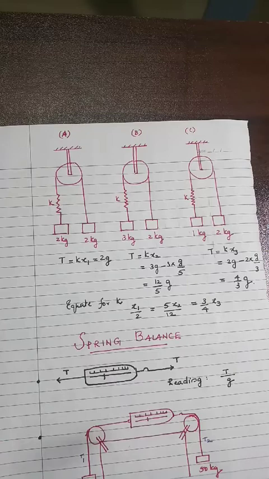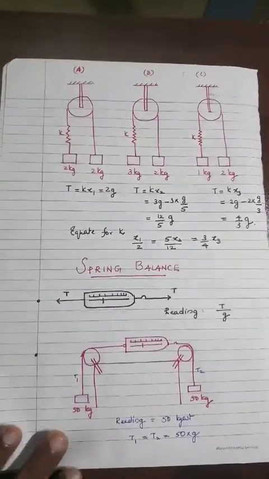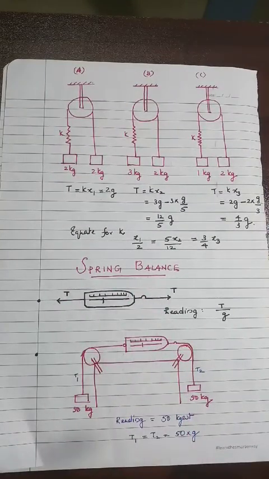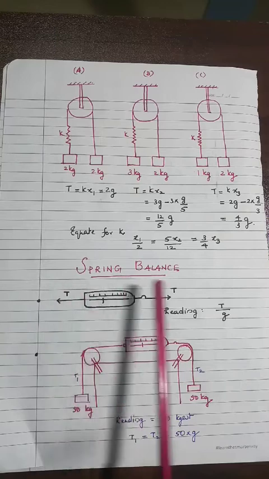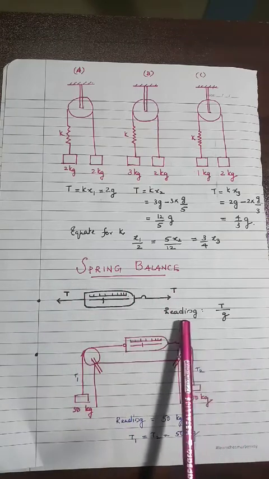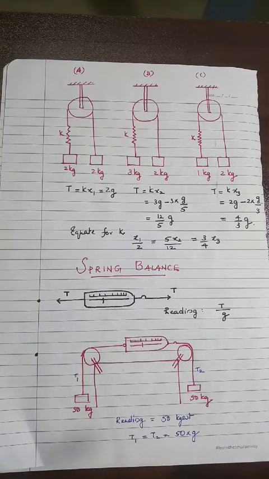Look at the very important concept, the spring balance. If both the leads are tensioned with the same T, then the reading is T by G. Keep in mind, the spring balance always measures in kilogram weight, and hence T by G. That means in order to measure the mass, we can use the spring balance.